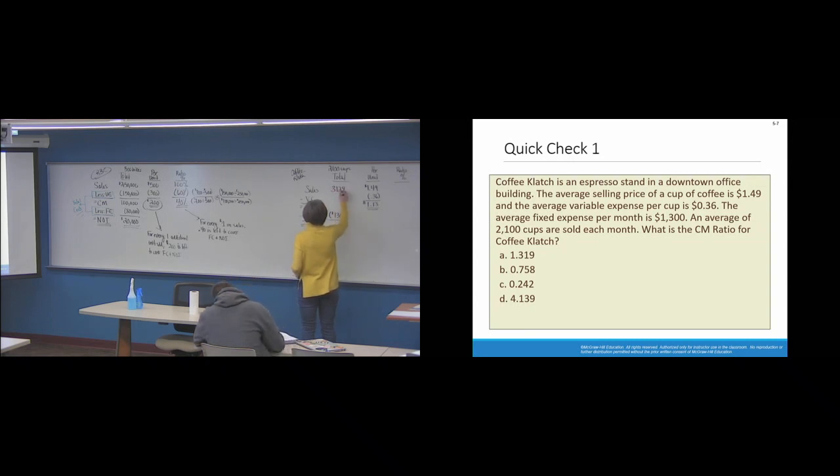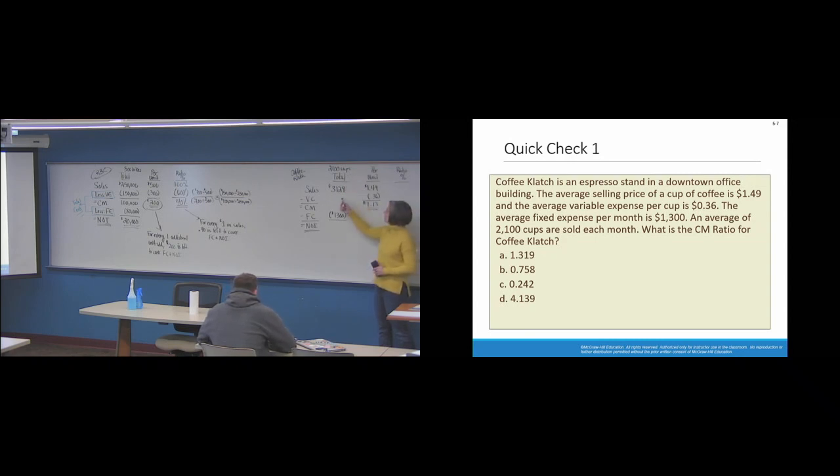And if you're sitting there saying, well, I don't need to do this because that's easy, do it. Because if you don't do it, you're not going to remember it. I don't care if it's an easy calculation. Get the calculator out and punch the numbers in so that you know how to do it. Everybody understand where I got 3129? 2,100 cups times $1.49 a cup?